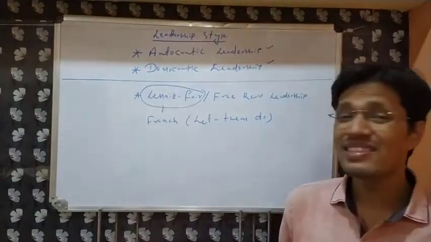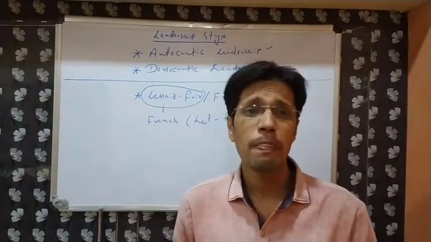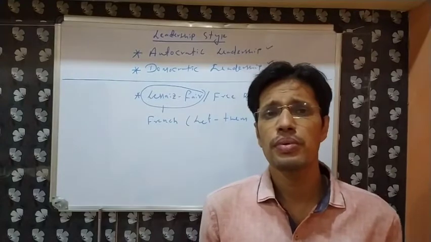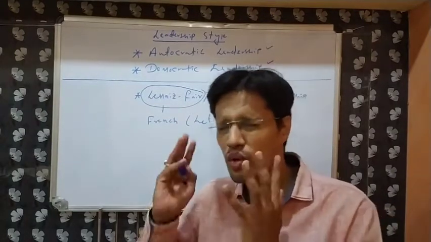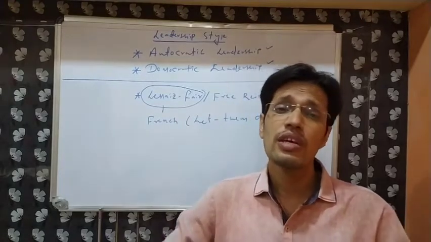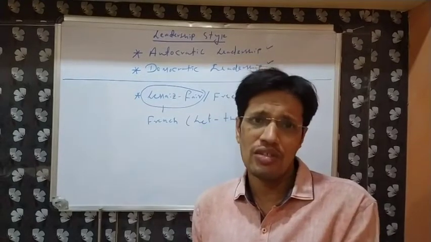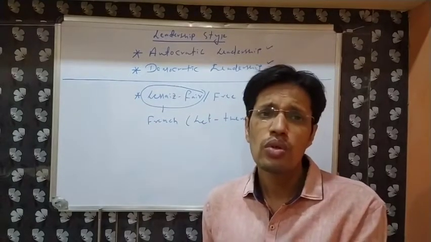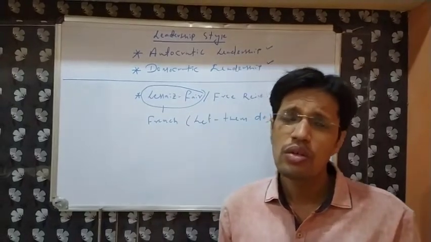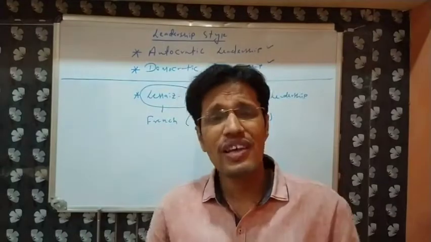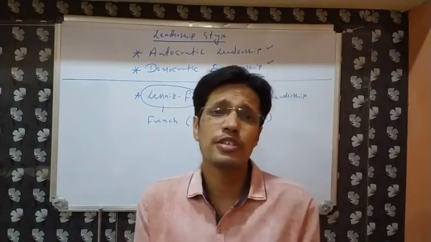In case of Laissez-Faire leadership style, the leader tries to offer maximum scope to the group members. They give maximum and optimum chance to the group members to take their own decisions, to supervise their own action, to look forward to their own objective.